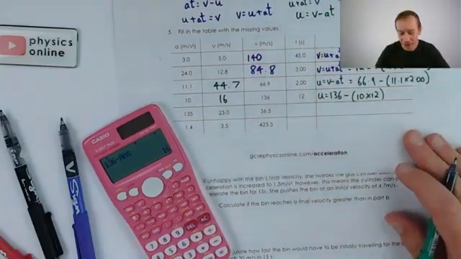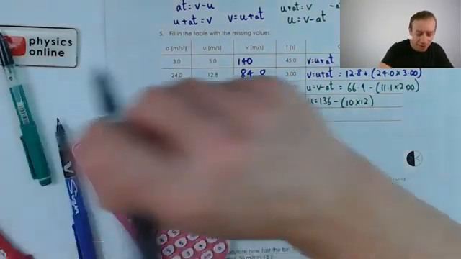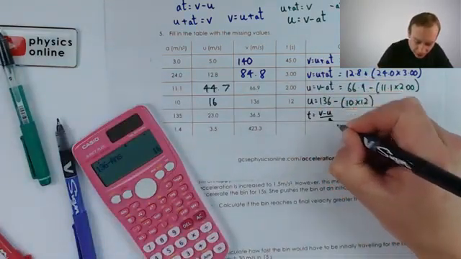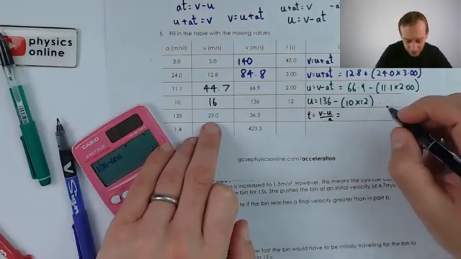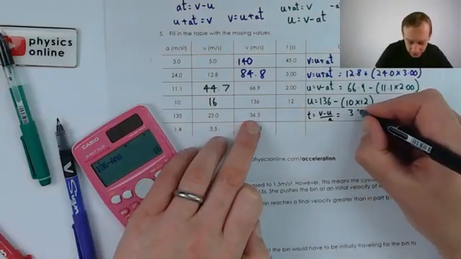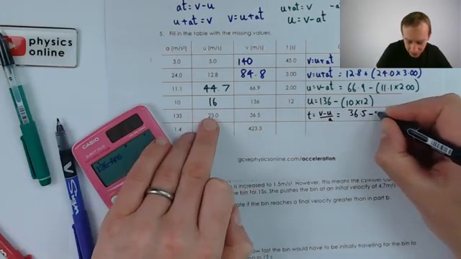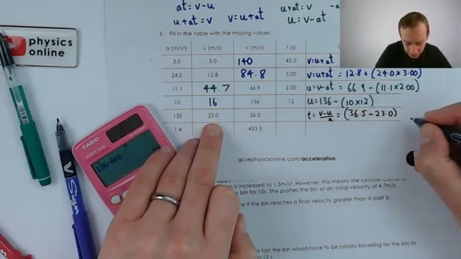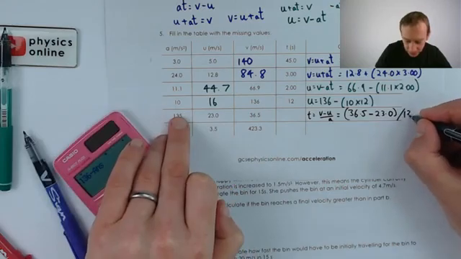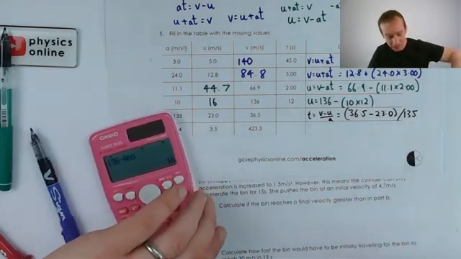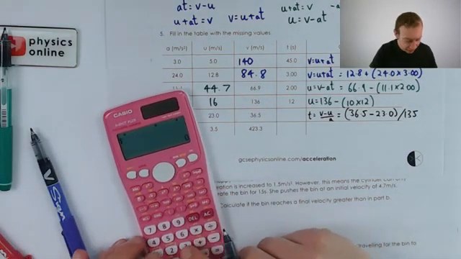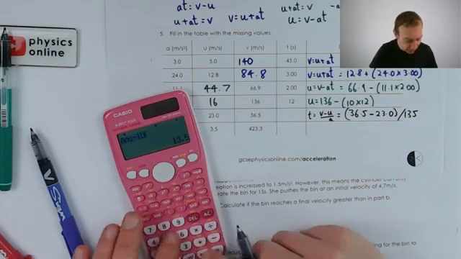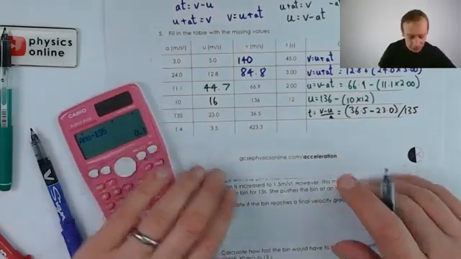And the final bit over here, we're going to look at t. We know that t is equal to v minus u divided by a. So here the time is going to be equal to v, 36.5, take away 23.0, divided by a, which is 135. So 36.5 take away 23, divided by 135 is 0.1.